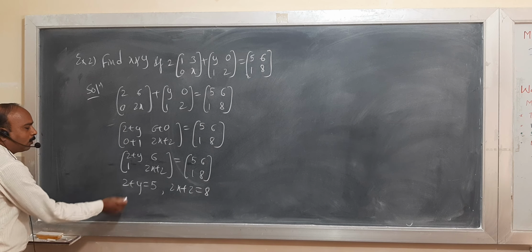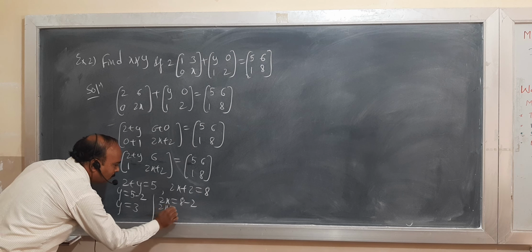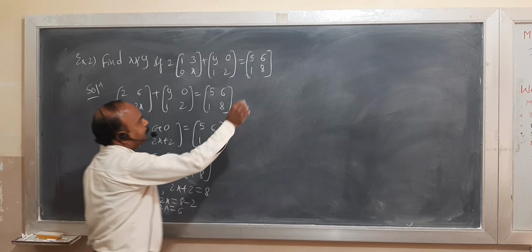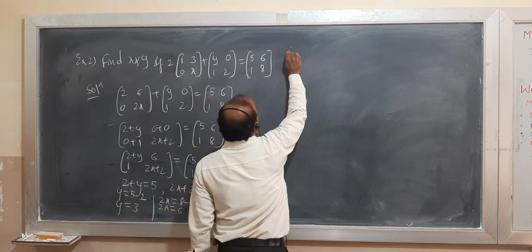First we solve for y equal to 5 minus 2, therefore y equal to 3. Similarly 2x equal to 8 minus 2, 2x equal to 6, therefore x equal to 6 by 2, x equal to 3. Therefore, x equal to 3 and y equal to 3. It is the solution of the given example.